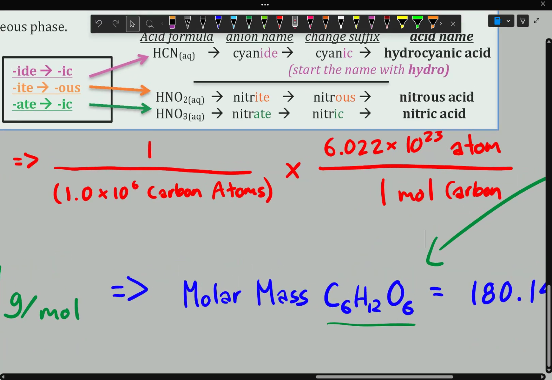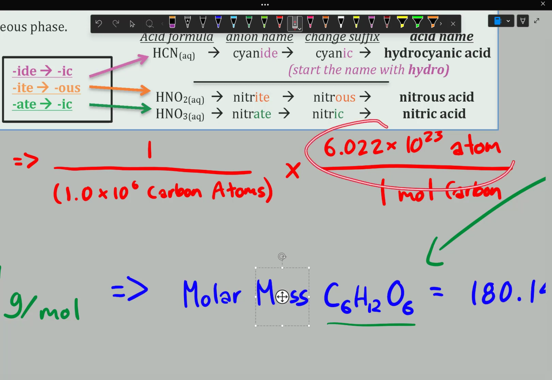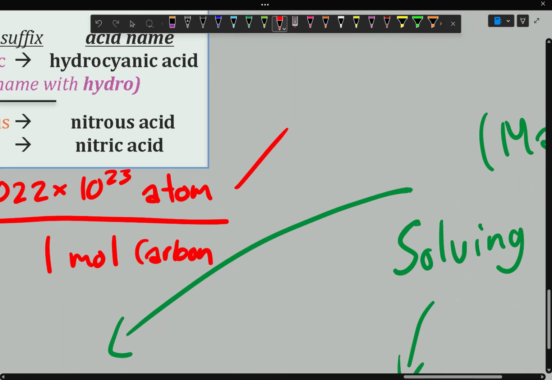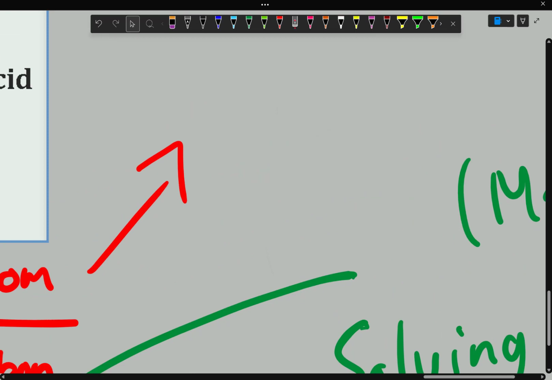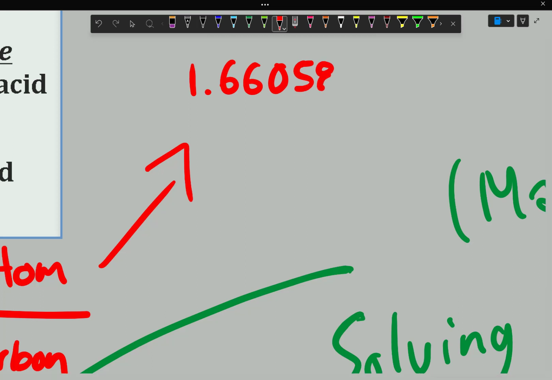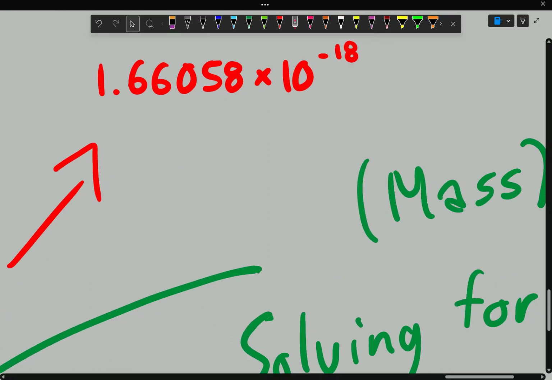And so this ends up just being Avogadro's number divided by 1.0 times 10 to the 6. And if we do that calculation, we get 1.66058 times 10 to the power of negative 18 moles of carbon.